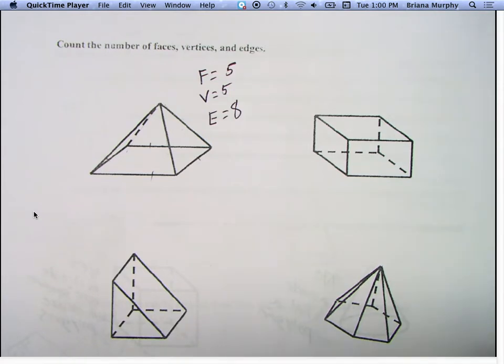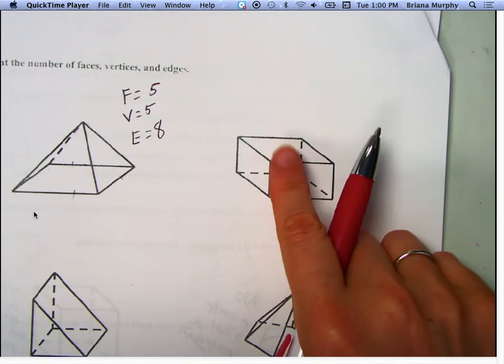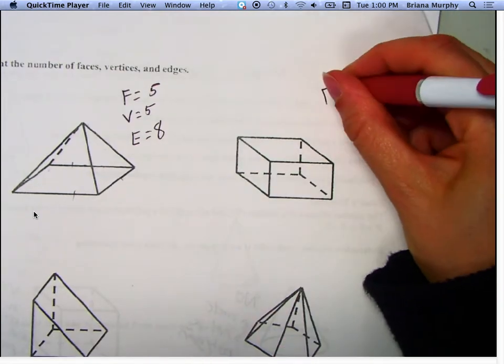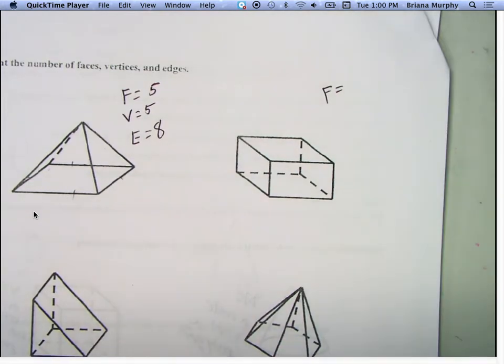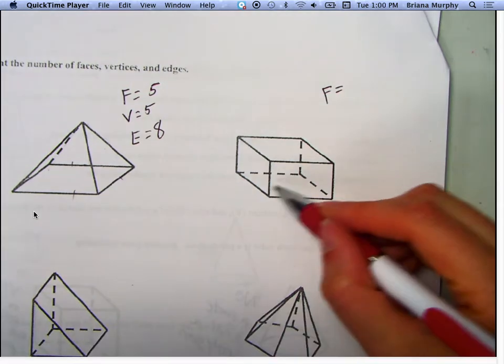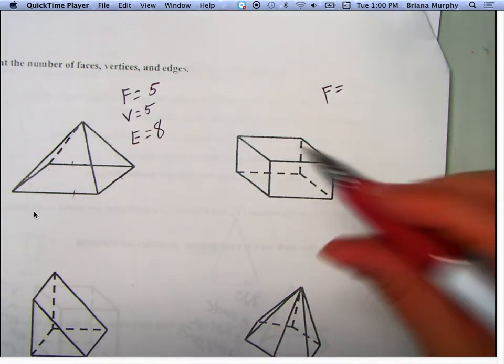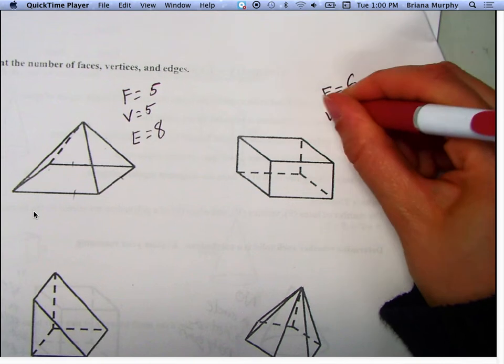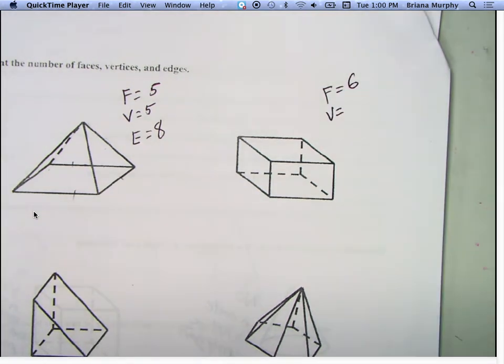All right. We're looking at this prism. How many faces does it have? 6. 1 on the bottom, 1 on the top, and then 4 around the outside, so a total of 6. How many vertices do I have? 8.